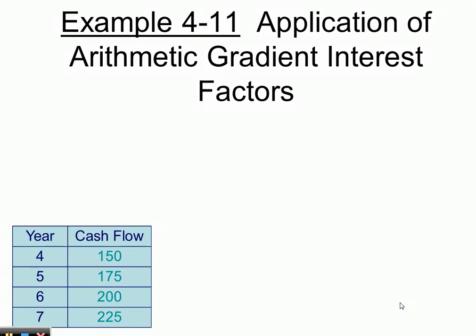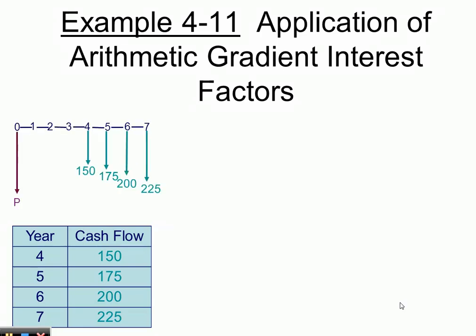So here's another example where we're using arithmetic gradient interest factors. These are cash flows, and notice that they start in year 4 and end in year 7. We want to find the present amount. We could look at this as an arithmetic gradient if our now were at 3.